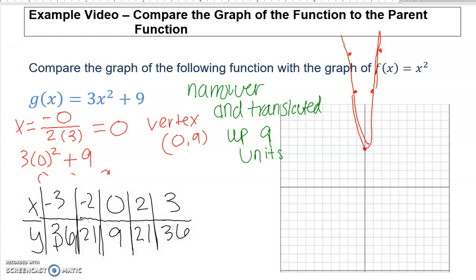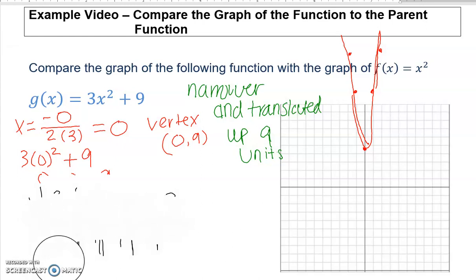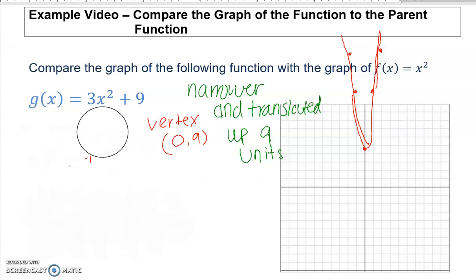Okay. So if we wanted to check that, maybe we didn't feel confident in our graphing, we could always do it another way too. So we could always do it a different way by just using what we know mathematically. So mathematically we can check it.